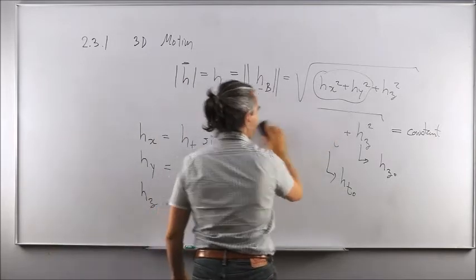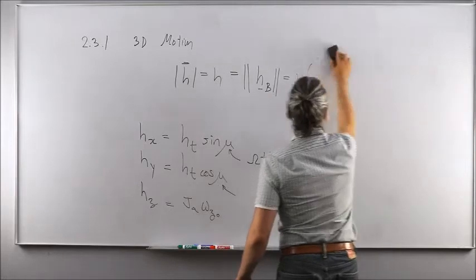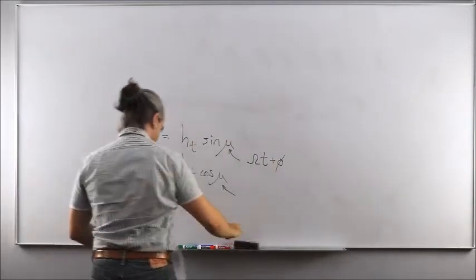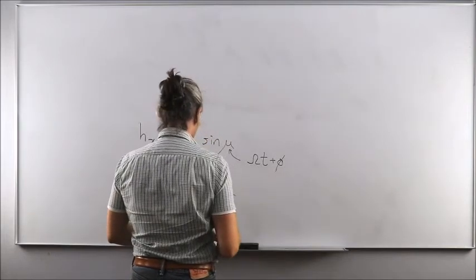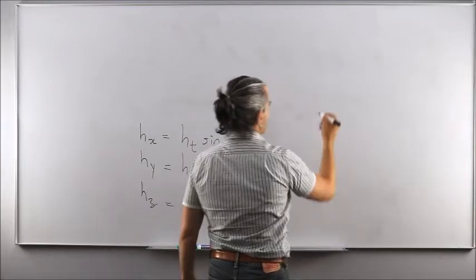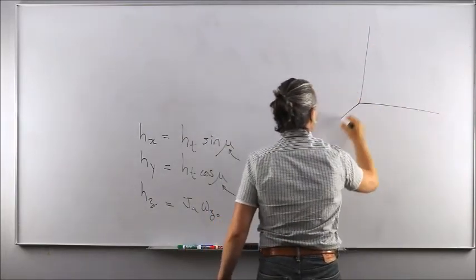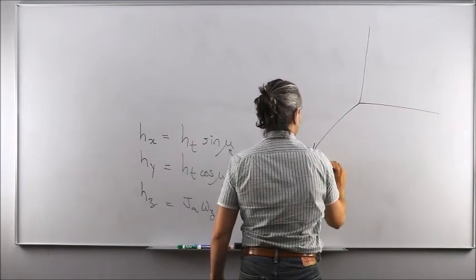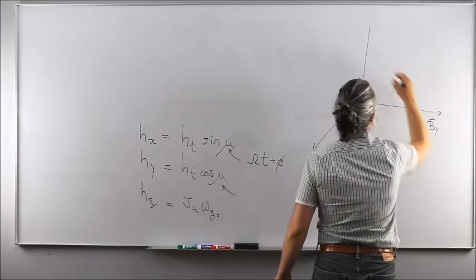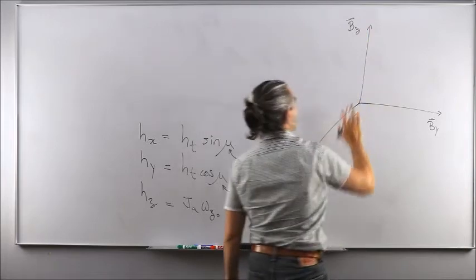So let's have a look at what it looks like in 3 dimensions. Let me draw a big body fixed reference frame as I did before, with bx normal to the whiteboard, by to my right, and bz going up inside the whiteboard plane.